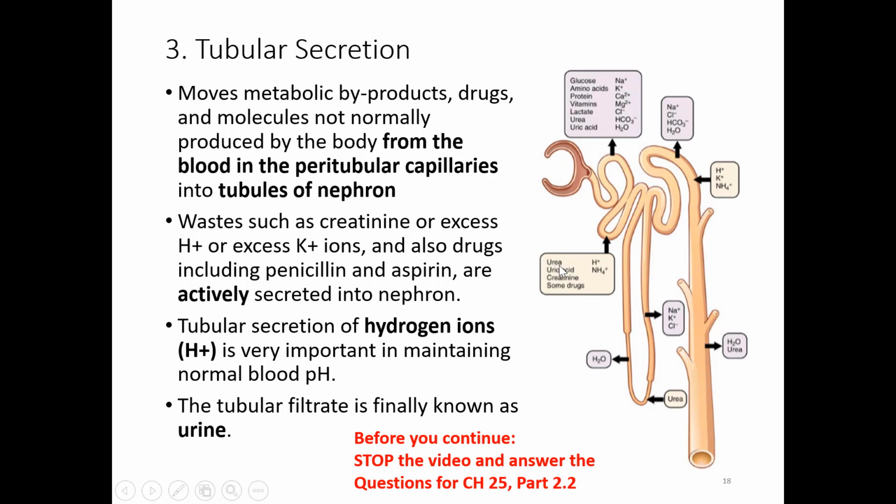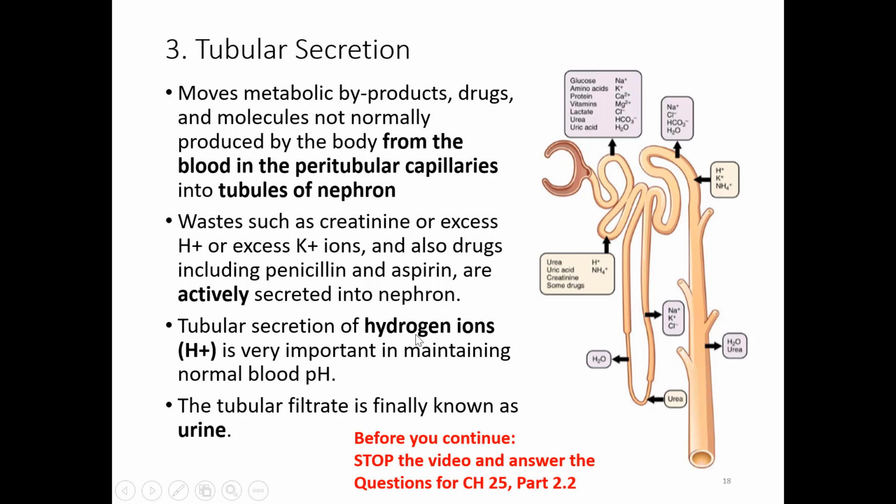Here it is: urea, uric acid, creatinine, some drugs, hydrogen, potassium. Creatinine, excess ions like hydrogen or potassium, and also some drugs like penicillin and aspirin will be actively secreted into the nephron using ATP energy.